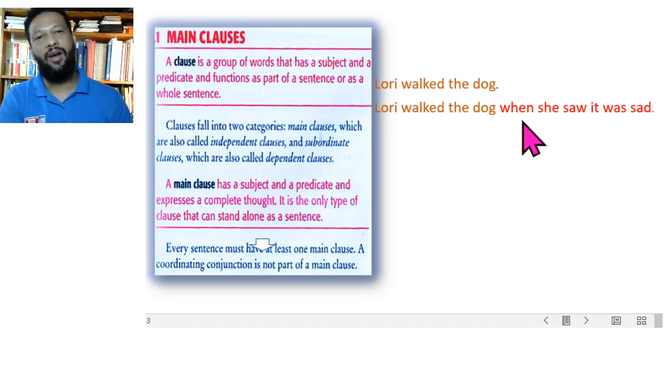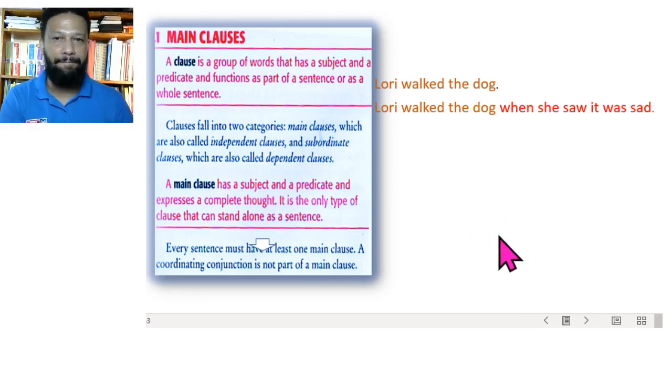But if we add the particle when, when she saw it was sad, then the sentence becomes incomplete. So that's a way for you to convert independent sentences into dependent ones. However, every sentence must have at least one independent clause so that the meaning is complete.